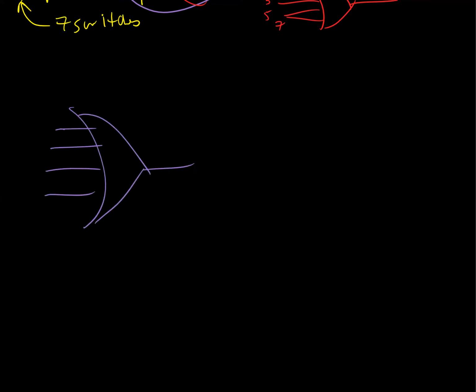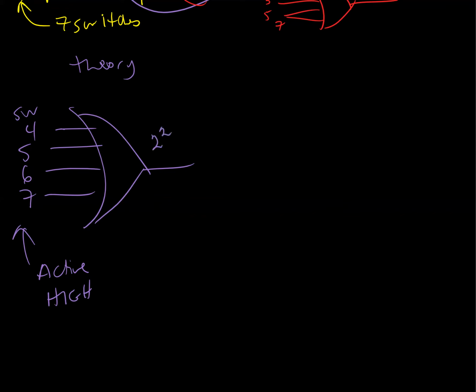Theoretically here, in our theory, we just talked about having switches 4, 5, 6, and 7, where they were active high, meaning a 1 is the switch being flipped, which should trigger the output, and this was going to the 2 to the 2 LED, which was also active high. When we get a 1 here, we want the LED to go on, and that's considered our active output.